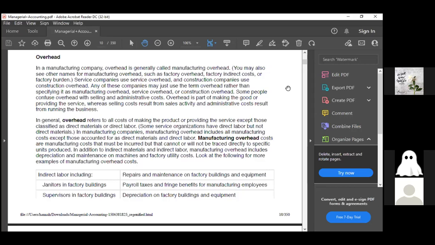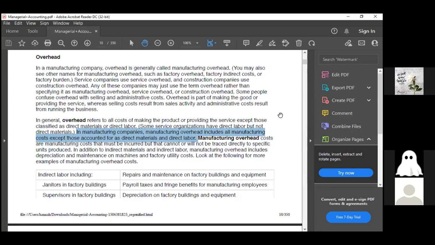So in general, overhead refers to cost of making the product or providing the service, except those classified as direct material or direct labor. So in manufacturing companies, manufacturing overhead includes all manufacturing costs except those for direct material and direct labor. Manufacturing overhead costs are manufacturing costs that must be incurred, but that cannot or will not be traced to the specific units produced.